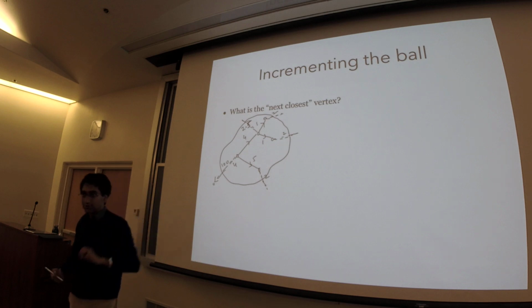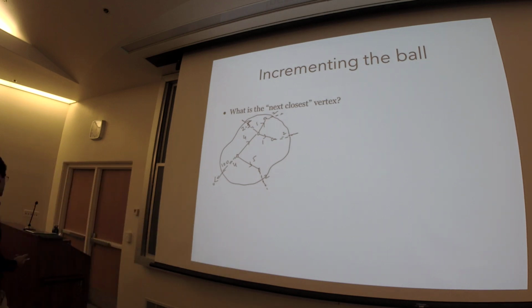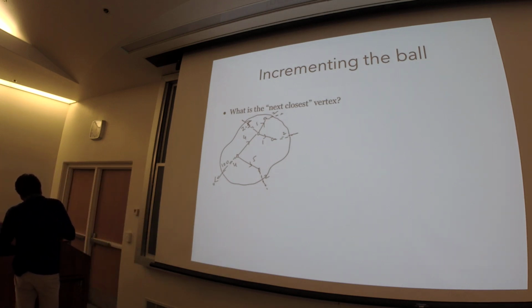So you look for the vertex. Let's say you have the current ball, which is S. Let S be the current ball.